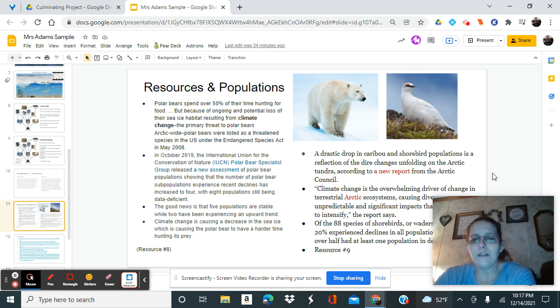And so their populations are decreasing because of that. So that's what I learned on that one. So basically, the climate change in the Arctic is affecting these populations.